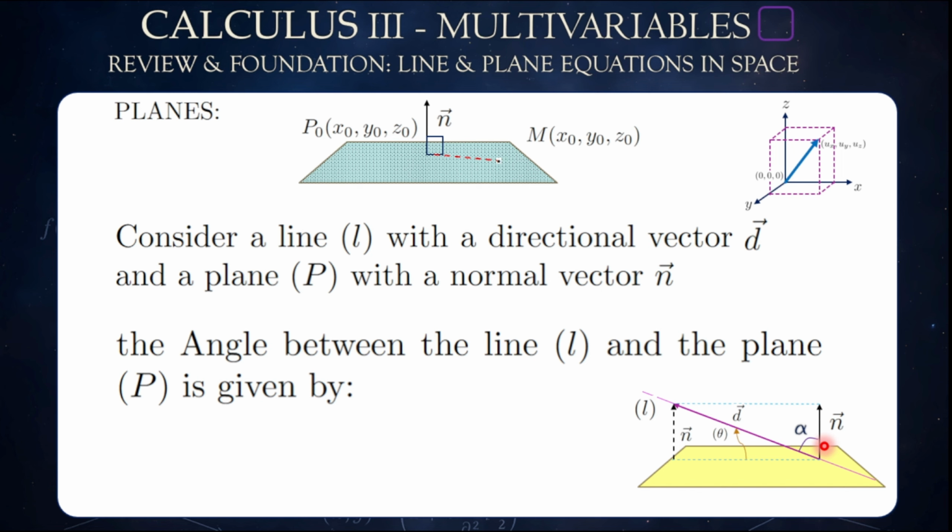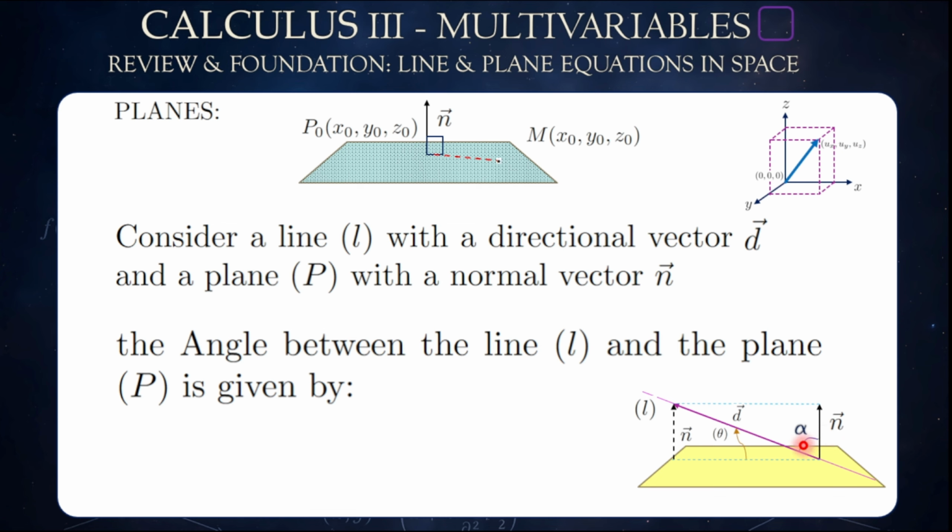At first, cosine alpha, which is not the angle between the line and the plane, but rather the one between the line and the normal vector, is equal to n dot d divided by the modulo of n times the modulo of d. Modulo means the size of n multiplied by the size of d.